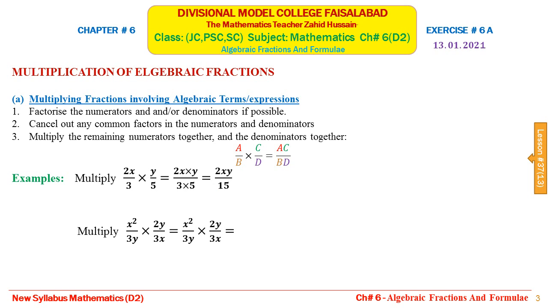Another example is x square over 3y multiplied by 2y over 3x. Now we will see whether there is something common. x is common and y is common in these two. We will cancel y with y, and x square will be divided by x.